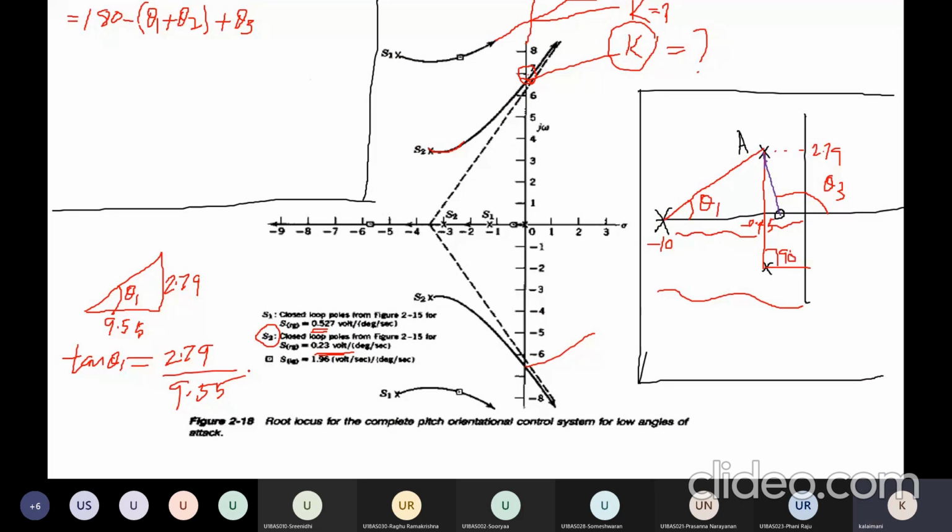Then I get 16.285. So the theta 1 angle is 16.28 degrees.